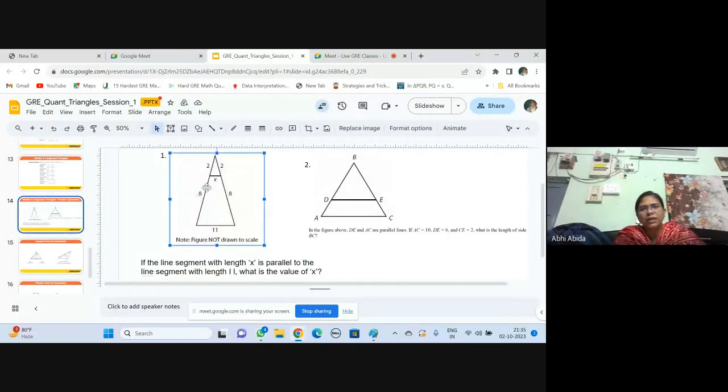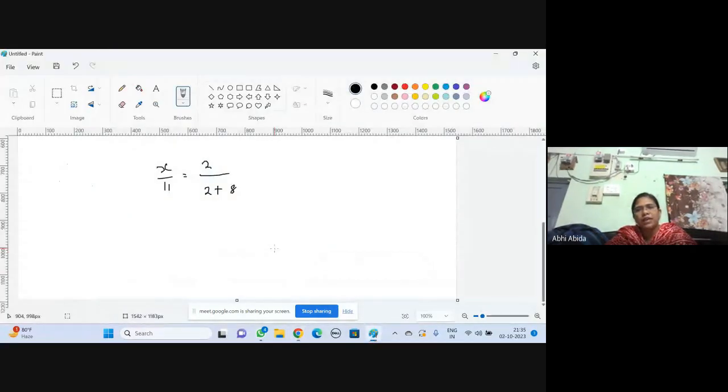If you see the big triangle, the side of this will be 8 plus 2. That's the reason we have taken it as 8 plus 2. So finding the missing value is very easy.